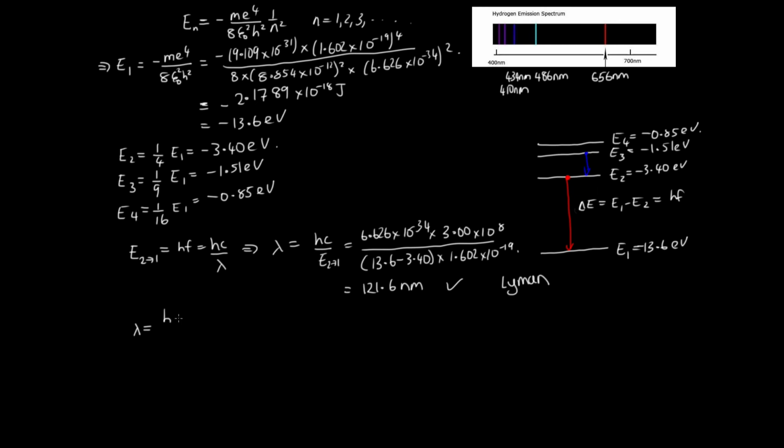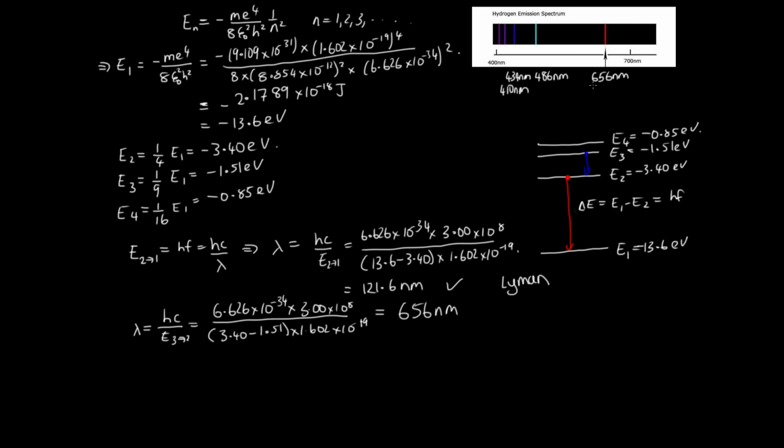So we substitute in 6.626 times 10 to the minus 34 times 3 times 10 to the 8, over the energy difference: 3.40 minus 1.51 times 1.602 times 10 to the minus 19. Solving this, we end up with 656 nanometers.